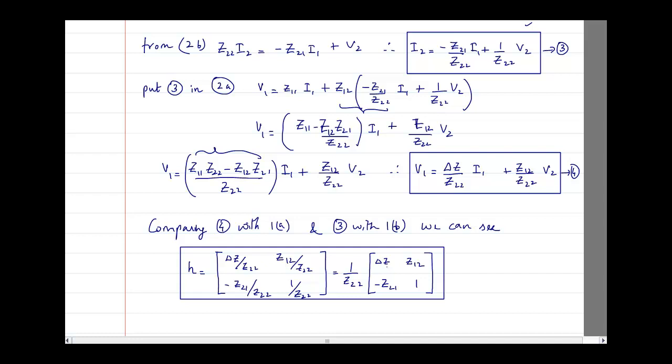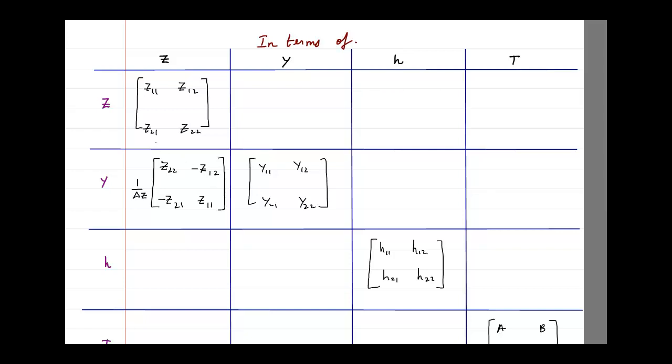So now let me write that in. So H parameters in terms of Z is 1 divided by Z22, and within bracket we will have delta Z here, 1 here, Z12 here, and minus Z21 here.